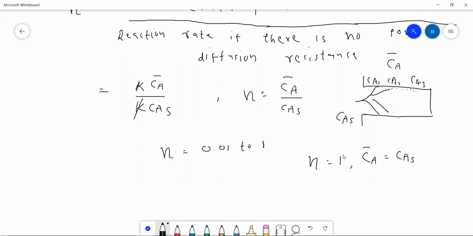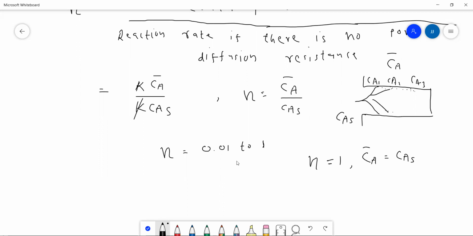That is only possible when there is no pore diffusion resistance. But in reality, pores always give some resistance for transfer or diffusion of reactant through the pores, or inside the pores. So its value will be 0.01 to 1.